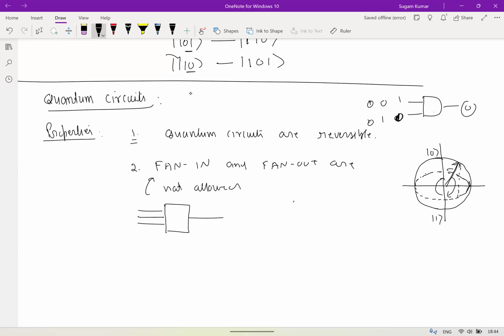And fan out means you have only one input and it gives many outputs. This kind of possibility doesn't exist in the quantum system. It means you have 3 qubits at the input and 1 qubit only at the output, and vice versa. This is not true, because when you say 3 qubits going to 1 qubit, then technically you are destroying the qubits.